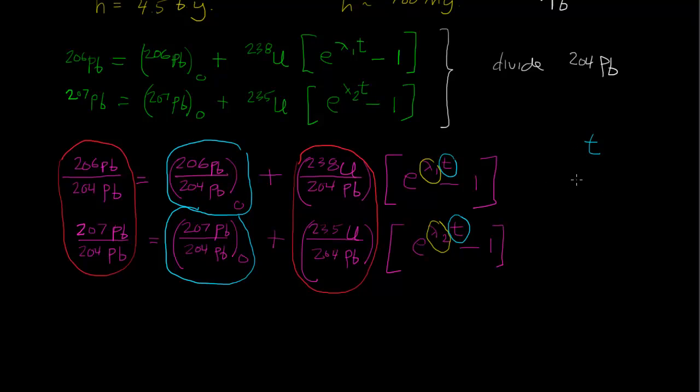So we also don't know the 206, 204 lead, I'm going to write this as a shorthand, that initial ratio. And we also don't know the 207, 204 lead initial ratio.